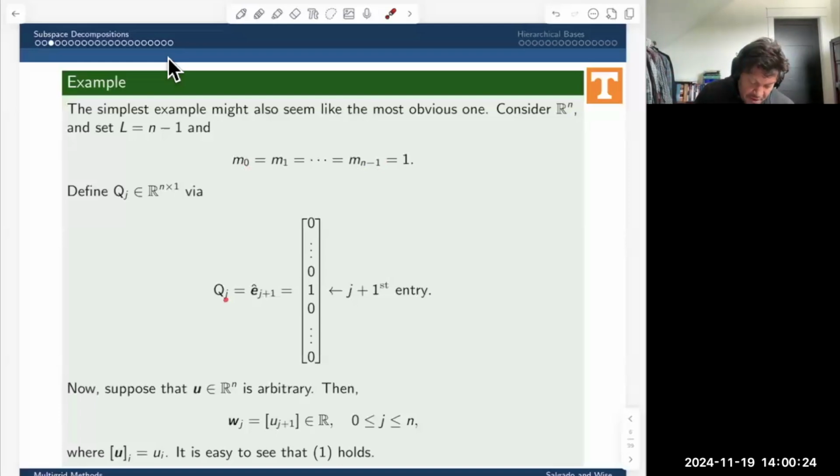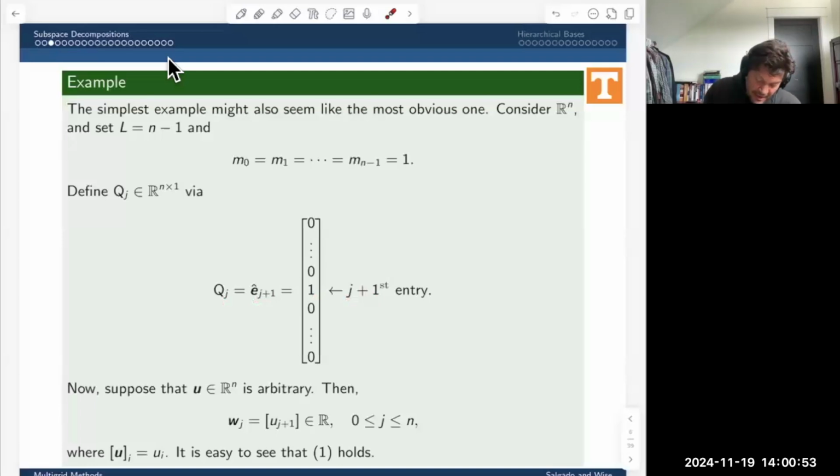So Q_j starts at 0. The first Q_j that I want to use is just going to be the canonical basis vector e_1 for j equals 0. For j equals 1, I want to use the canonical basis vector e_2, and so on and so forth. So in general, e_(j+1) is what I'm going to use for Q_j, and that has a 1 in entry j plus 1.